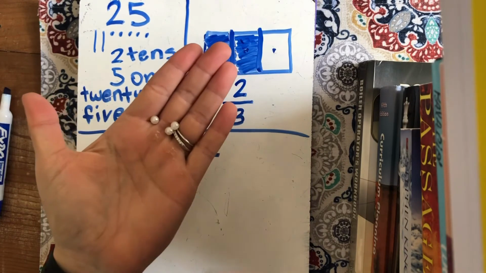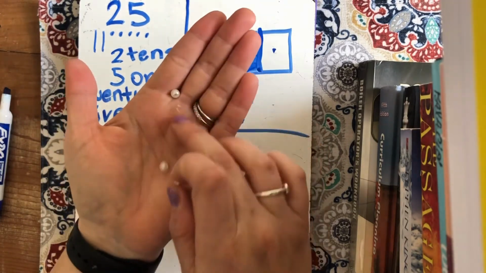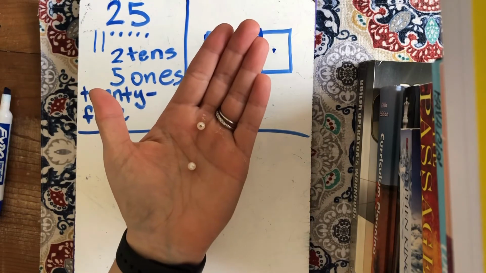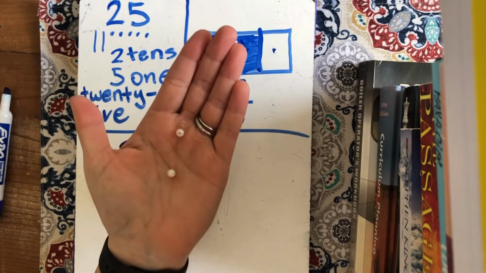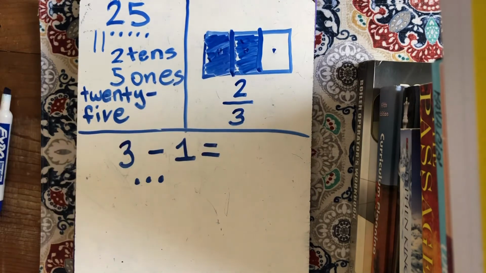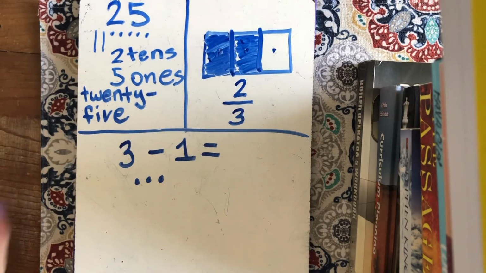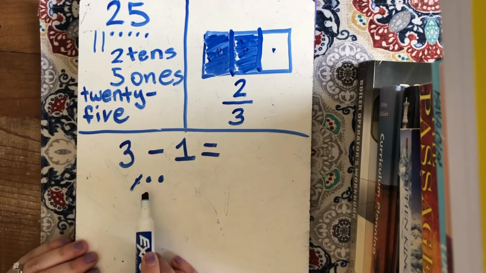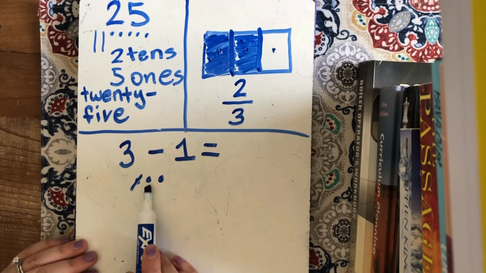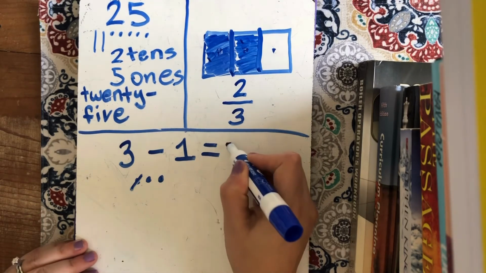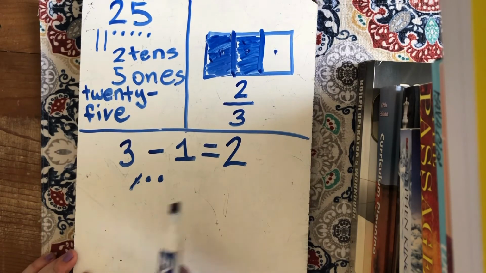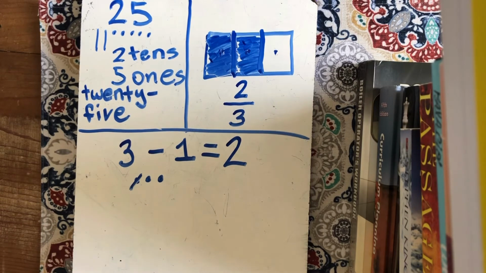So I've got my 3 beads. If I took away 1 bead, how many beads do I have left? 1, 2. If you said 2, you are correct. So it's the same concept with this. If we take away 1 dot, that leaves us how many? 1, 2. We are going to write 2 for our answer. 3 minus 1 equals 2. Good job, everybody.